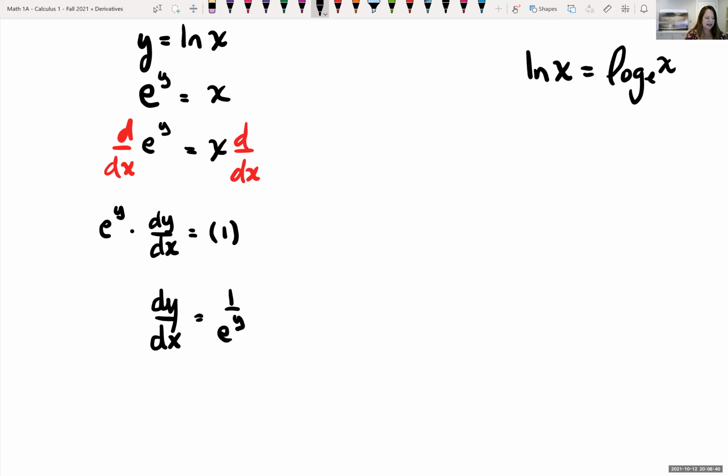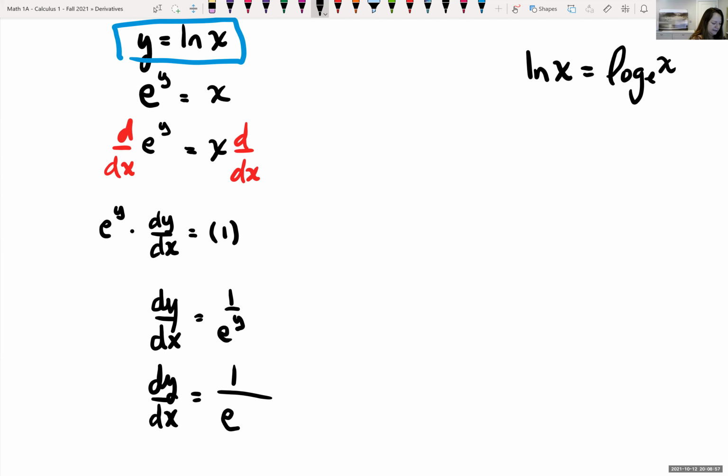Okay, let's go back and substitute in what y was. Recall at the beginning, y was the natural log of x. And so if we rewrite this, dy dx is equal to 1 all over e raised to the natural log of x.